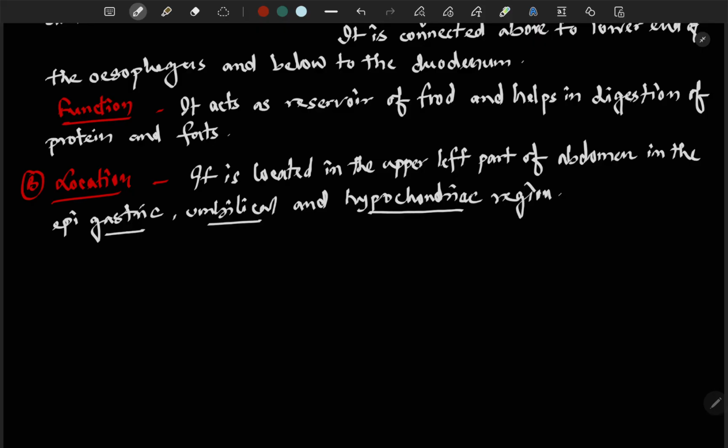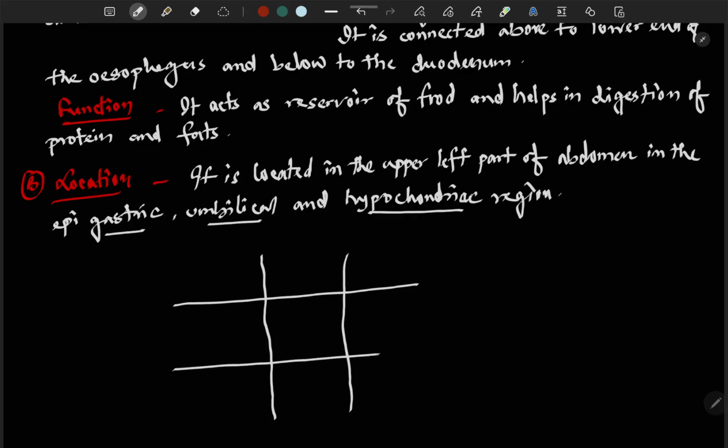The abdomen is divided into 9 regions. I have drawn the 9 regions of the abdomen. This is the right hypochondrium region.